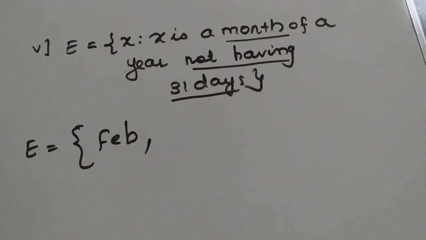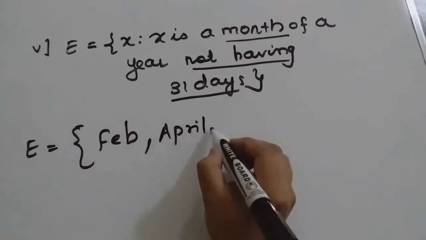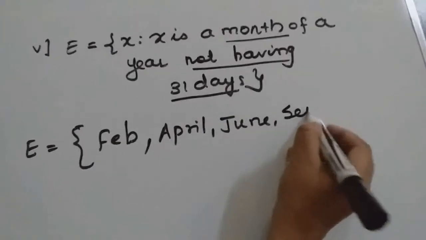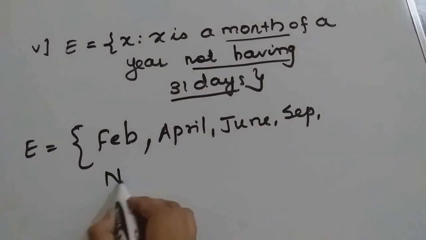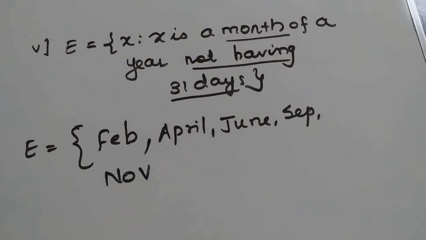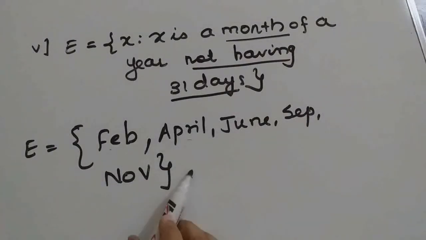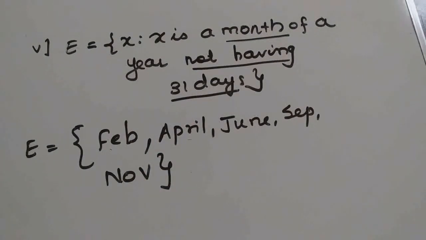Then next will come April, June, September, November. Okay. So these months are not having 31 days. Less than 31 days they are having.